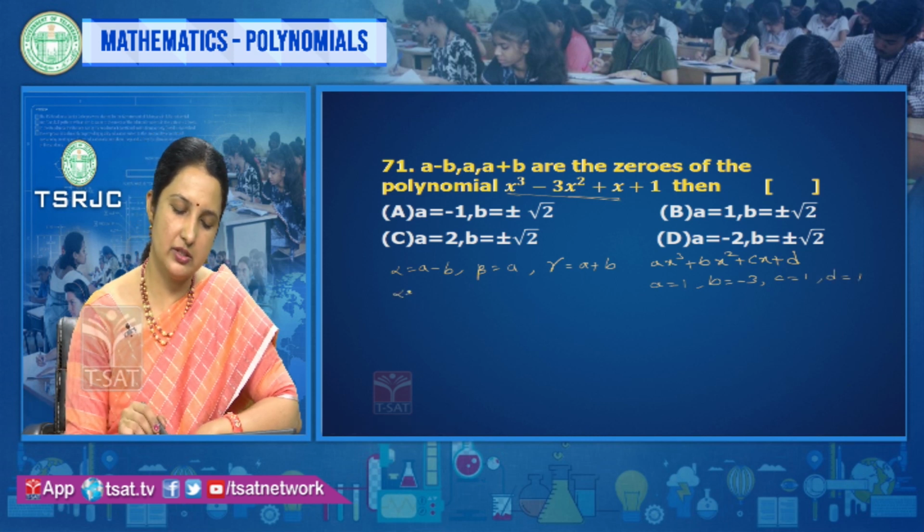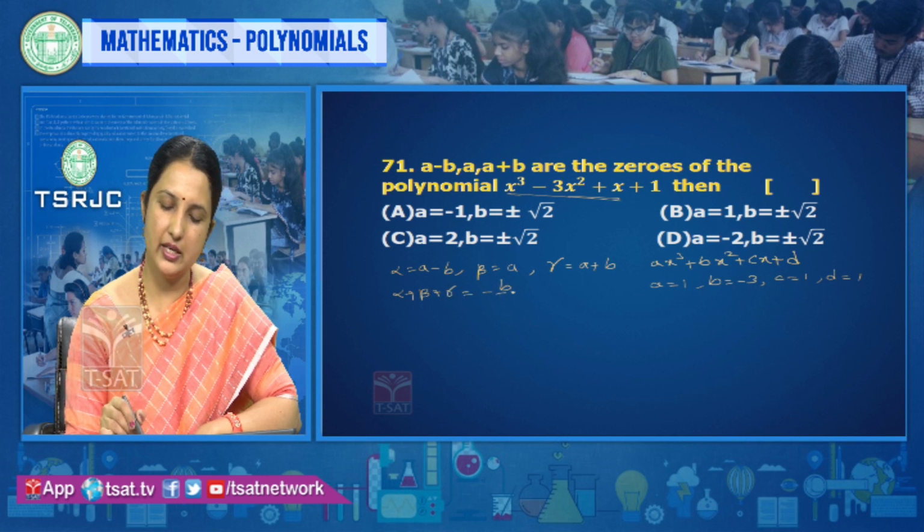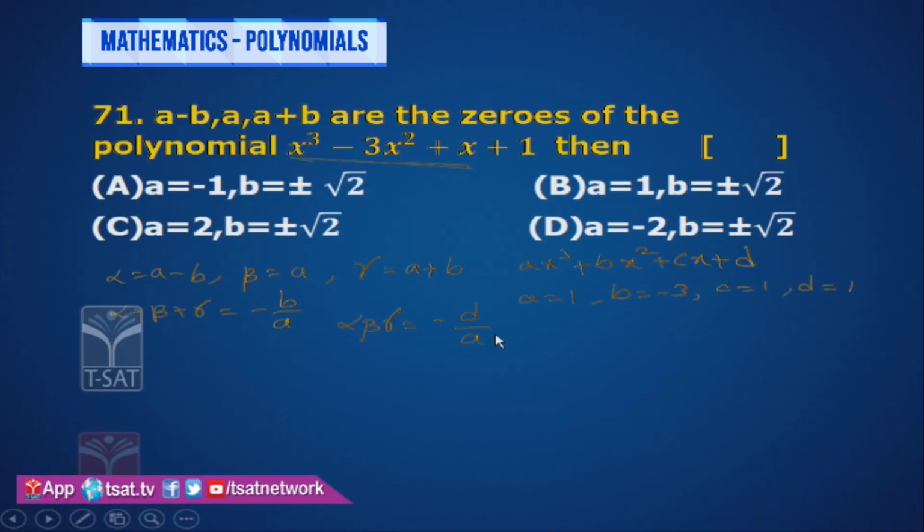So, sum of the zeros is what? Alpha plus beta plus gamma equals minus b by a. And product of the zeros is minus d by a. So, alpha plus beta plus gamma: a minus b plus a plus b equals minus of minus 3 divided by 1.